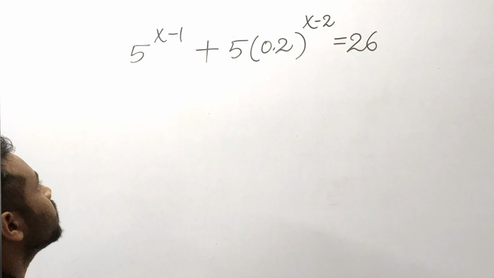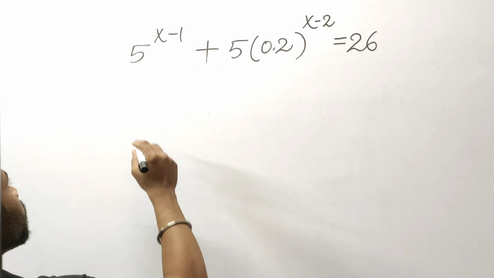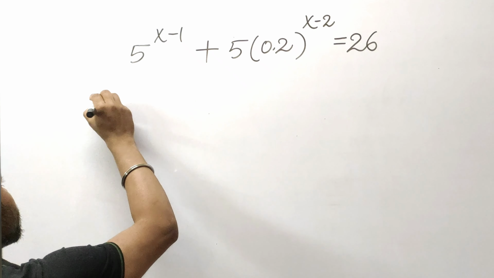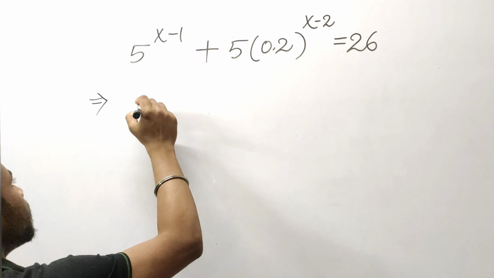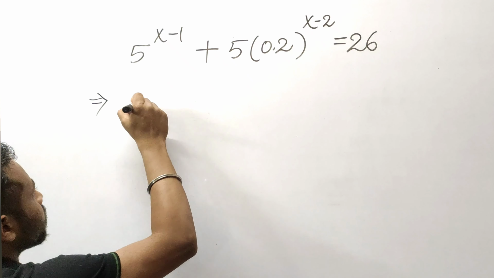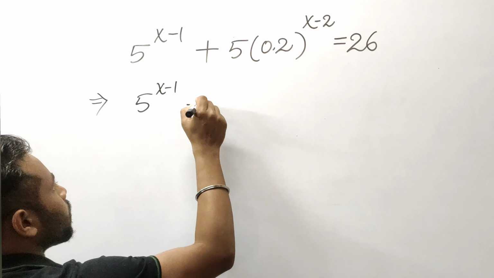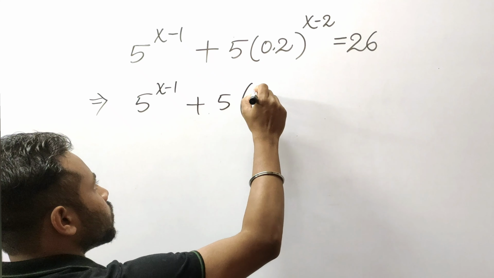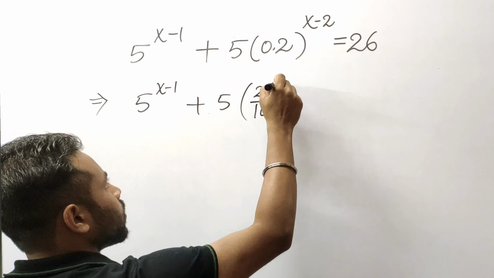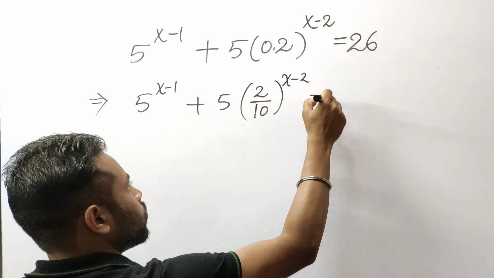I'll first simplify this. So what I'll do, I'll keep this one. This is 2 by 10 to the x minus 2, 26.